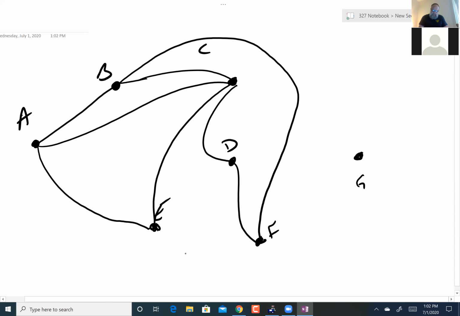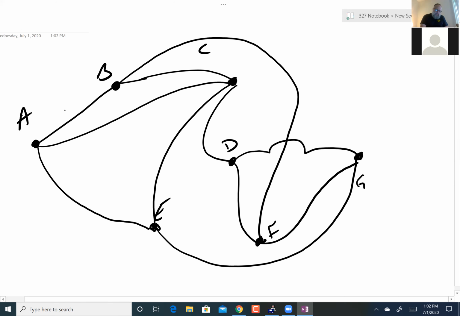And I am not drunk, but it does look like I am when I draw a picture like this. I'll make it so it jumps over that guy there. And nice, and one of those dudes. And let's put some weights on here. Not sure what I'm weighting it by. I don't really care. Just some random weights. Could be time, could be distance, could be something. Apparently it's not distance.